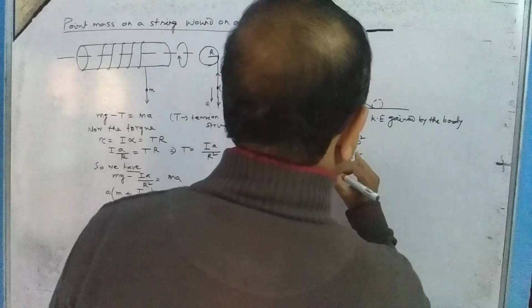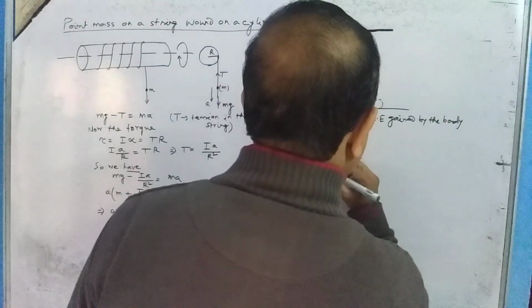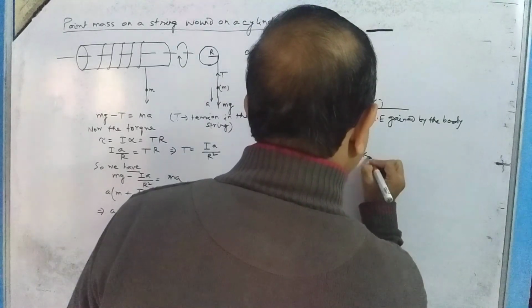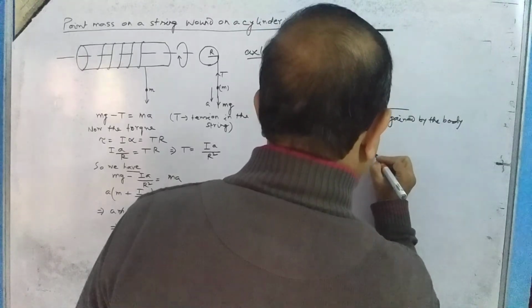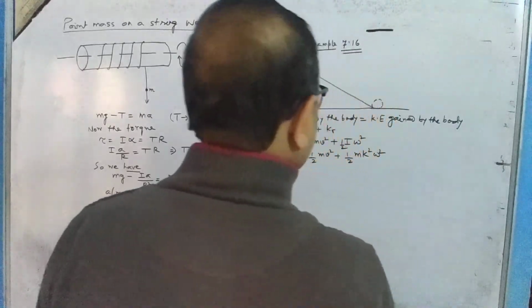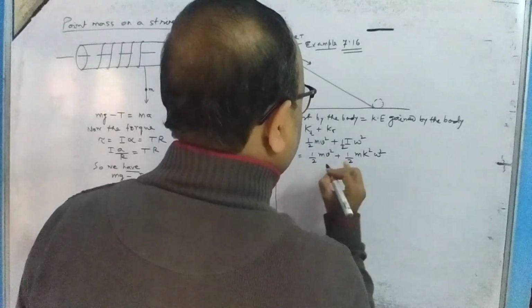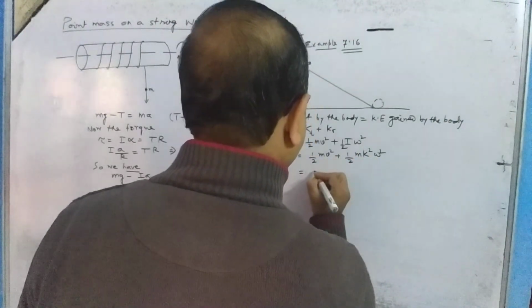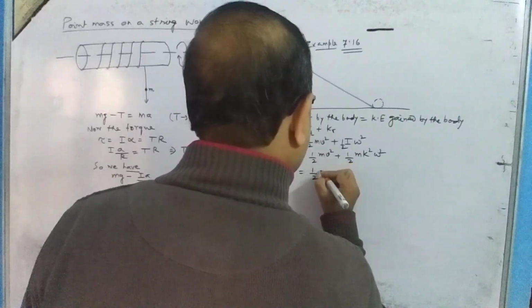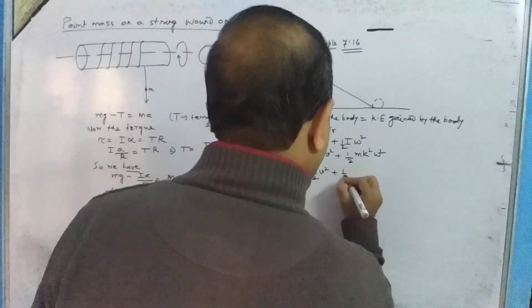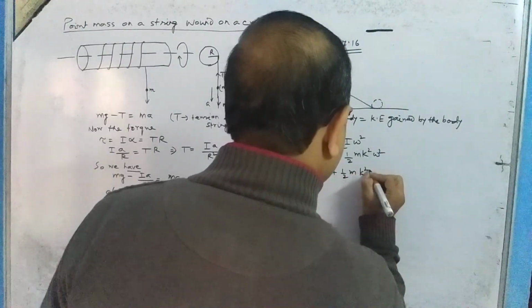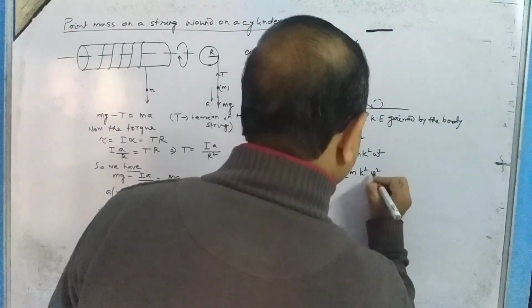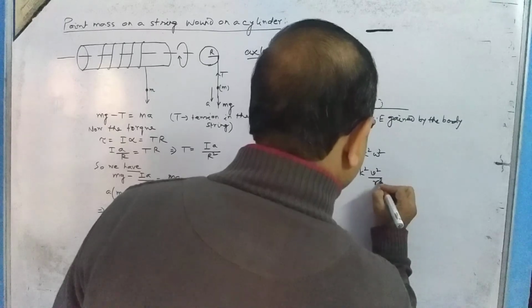We can write I as m k square, and omega square as v square by r square. That means half m capital K square, v square by r square. Okay, fine.